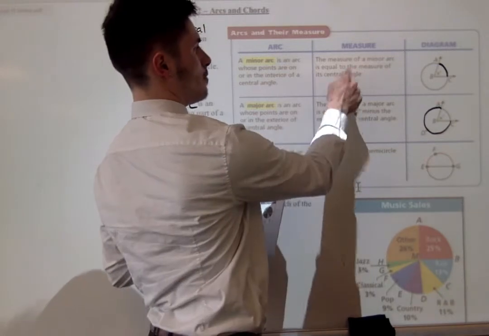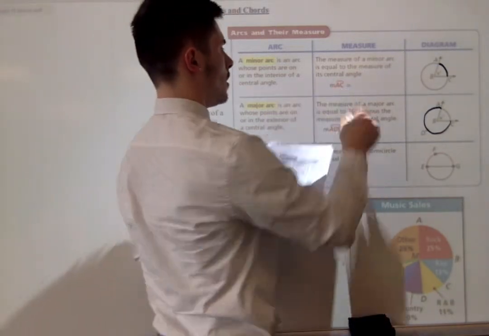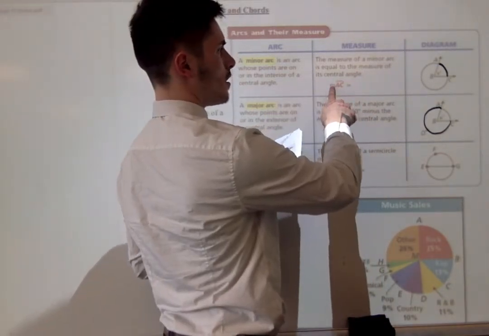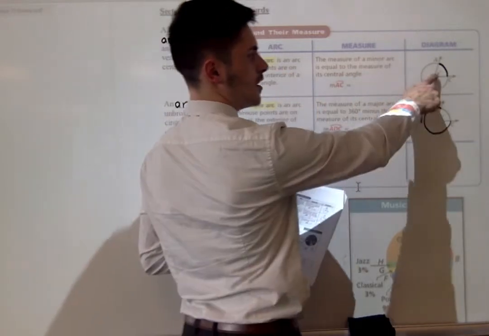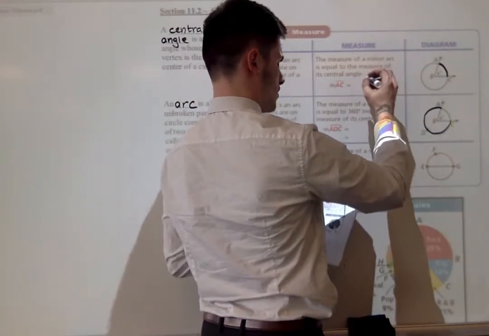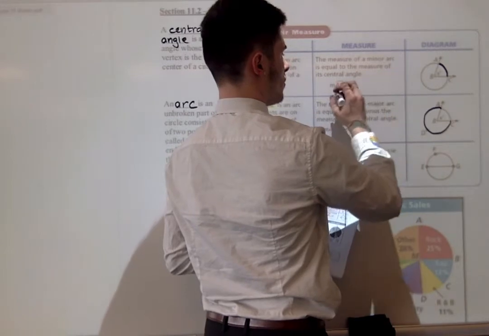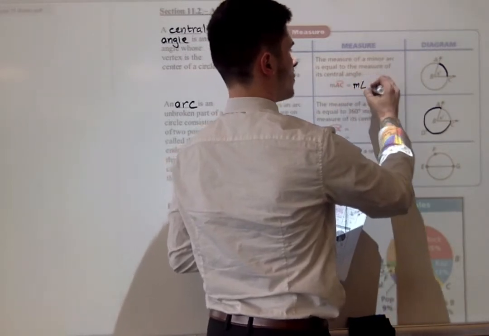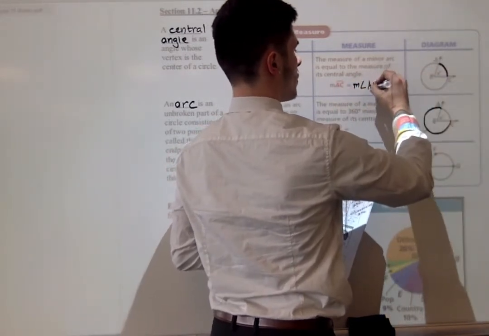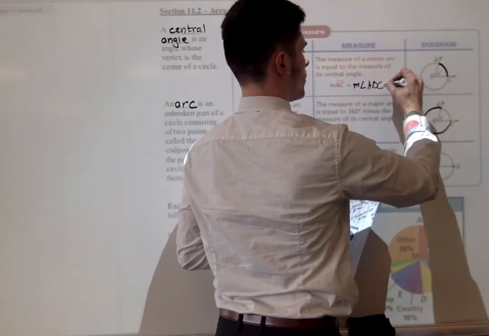And so some measurements. The measure of the minor arc is just going to be equal to angle x. So the measure of the arc is equal to the measure of angle ABC, which is equal to the measure of angle x.